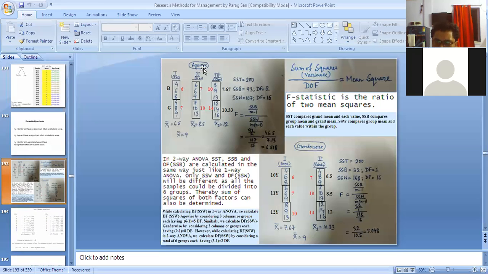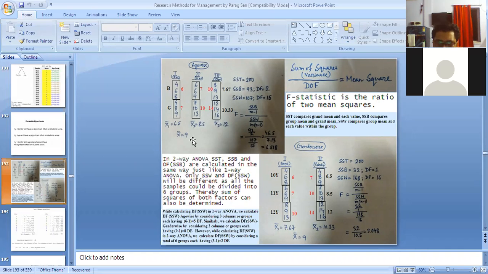Age wise means you are considering three different columns for three different age groups: 10-year-old, 11-year-old and 12-year-old. B represents the boys and G represents the girls; these are the boys' scores and these are the girls'.